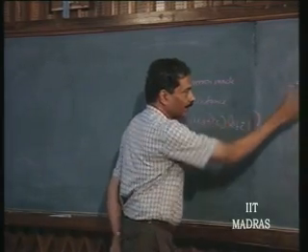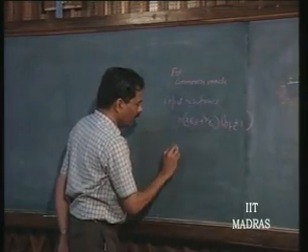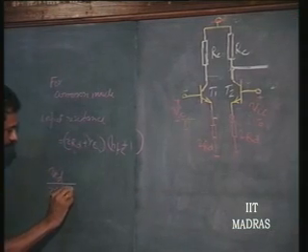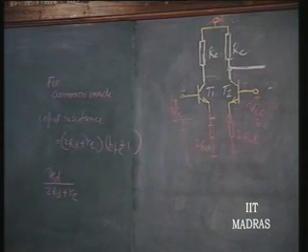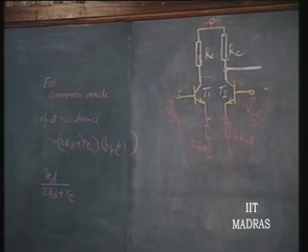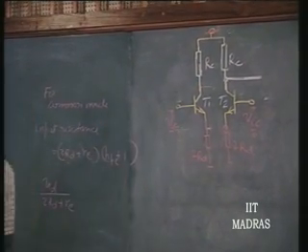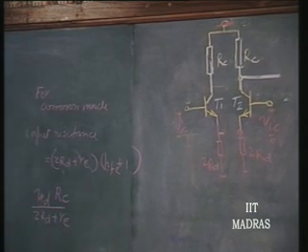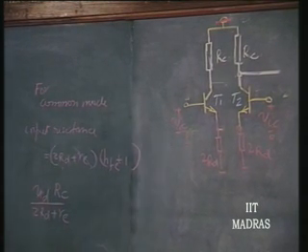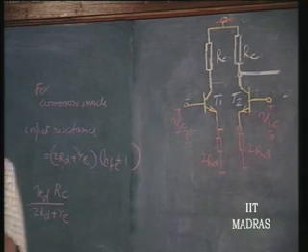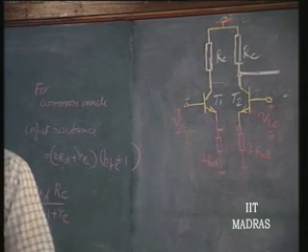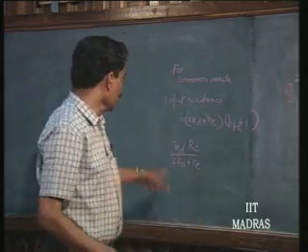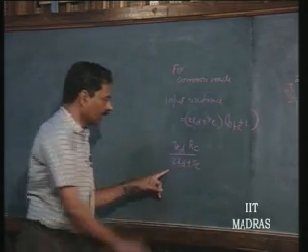This is the current. What is the current? Emitter current, VID divided by 2 RD plus RE, that is the incremental emitter current, and what is the incremental output voltage now? Into RC. So, that single ended common mode gain is going to be nothing but RC divided by 2 RD, if you ignore this, because that is very small.